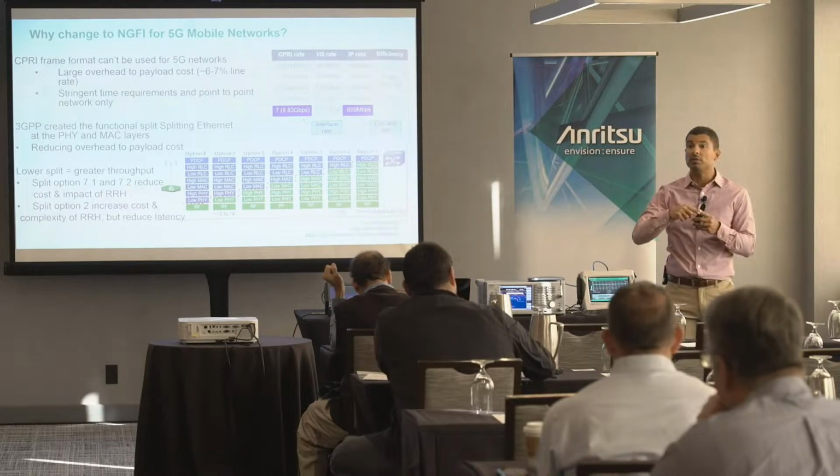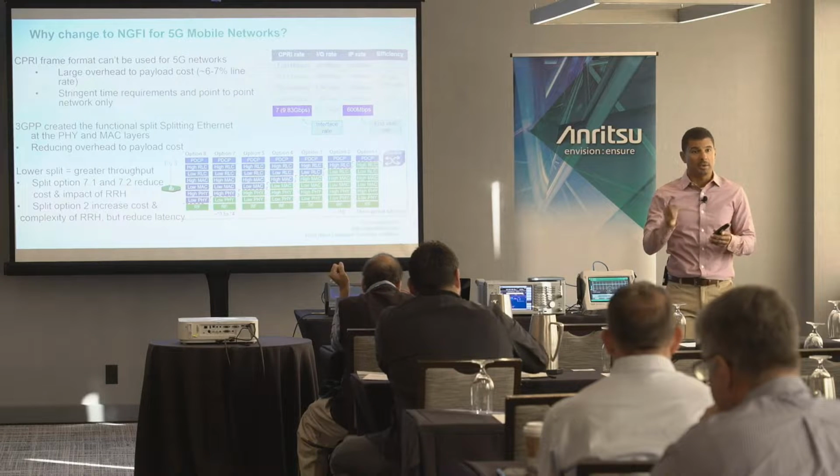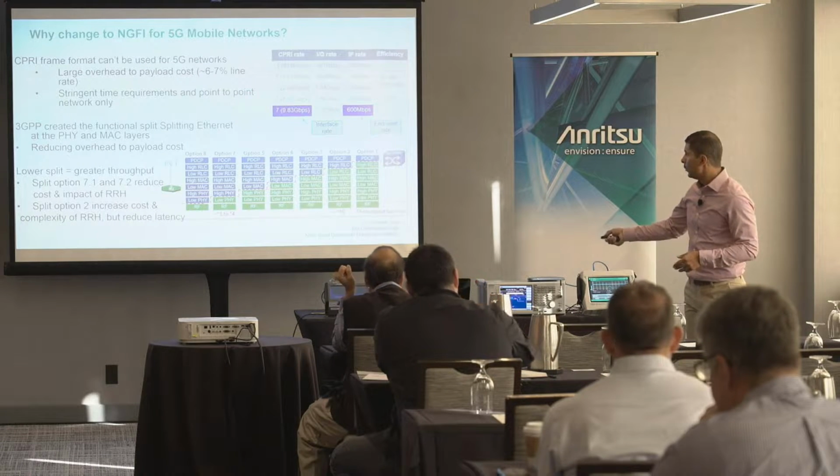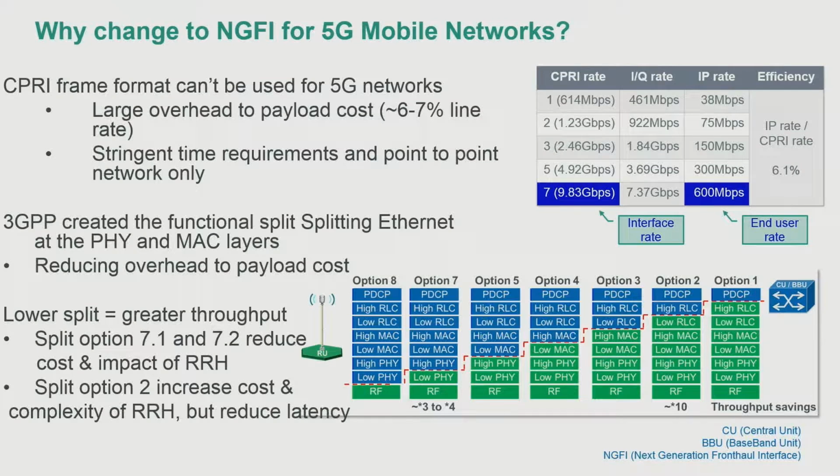Well, if I'm in a vehicle going 65 miles an hour on the expressway and it's an autonomous vehicle, I don't want to worry about my communication being buffered and going through a network. I want that going as quick to the radio and back to my car as quickly as possible, right? That reduces the amount of time and latency. That's where more processing being done in the radio becomes more effective.